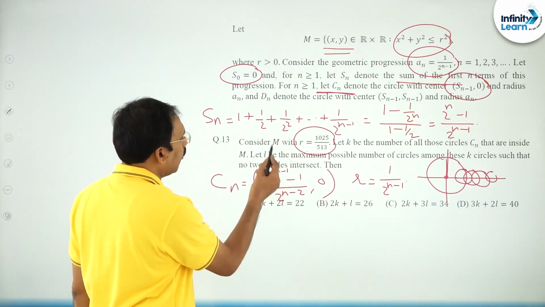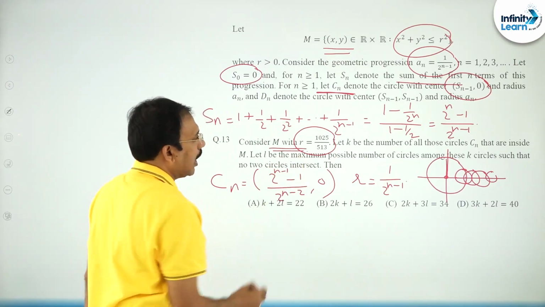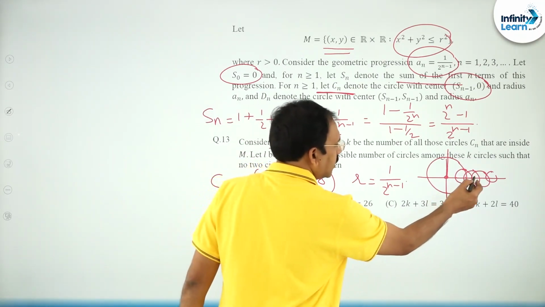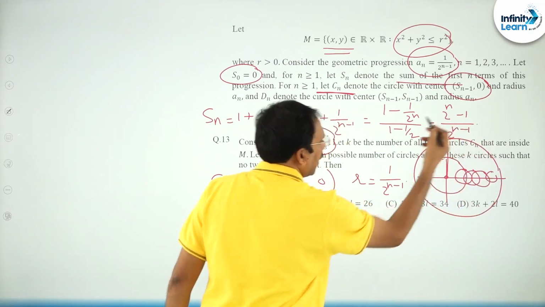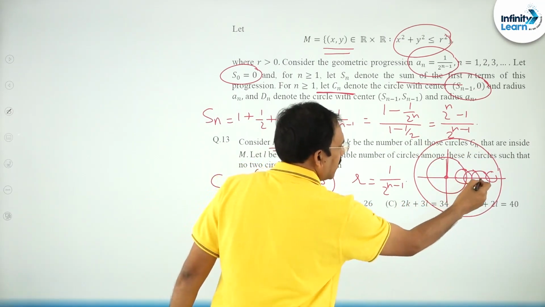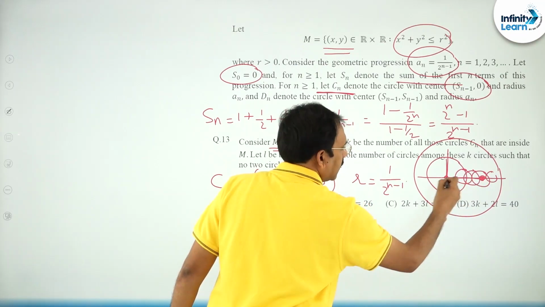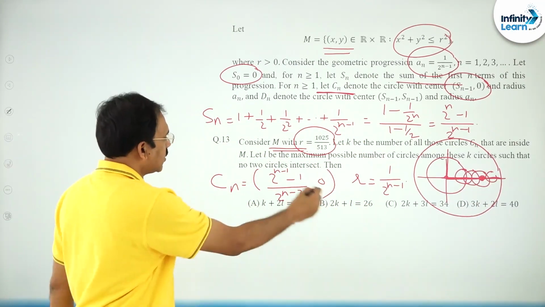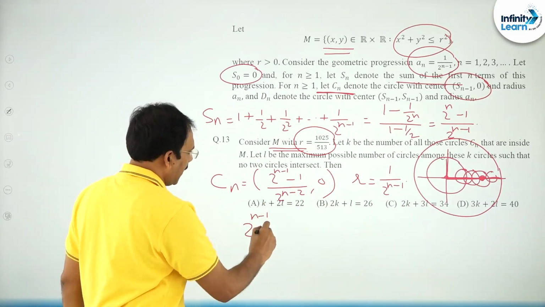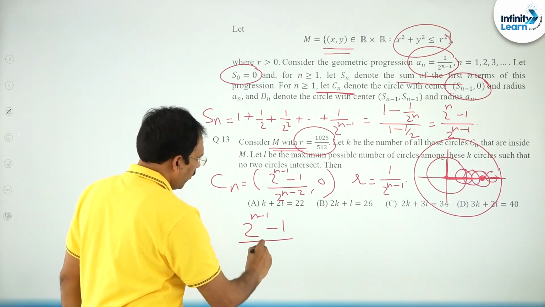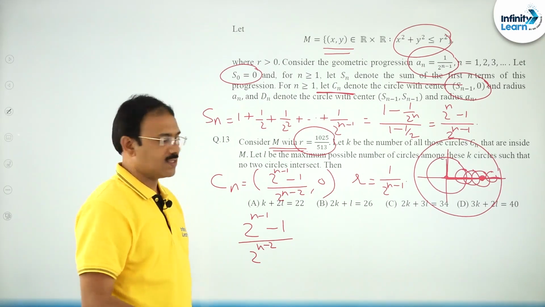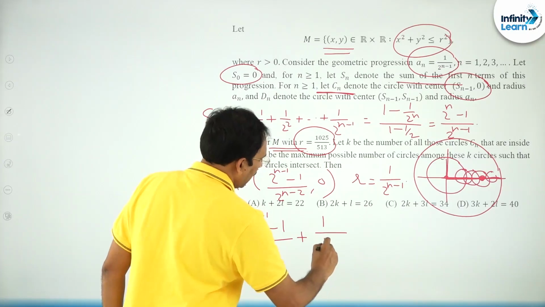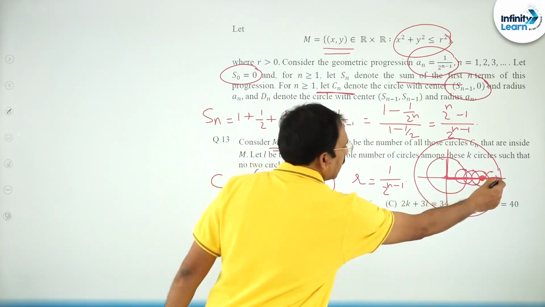Now my question is, when r is this, how many circles will be inside? For a particular circle to lie inside, suppose this is r, take the largest one. The x coordinate is this plus the radius, right. The x coordinate is 2 power n minus 1 minus 1 by 2 power n minus 2, plus the radius, 1 by 2 power n minus 1, which gives the x intercept.